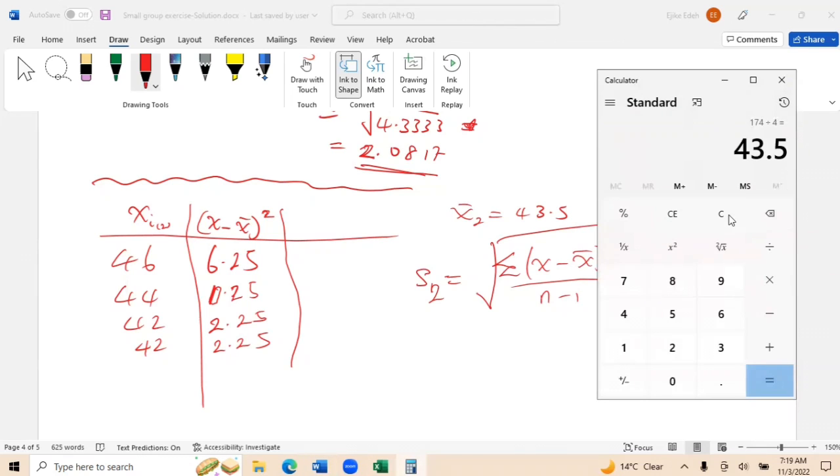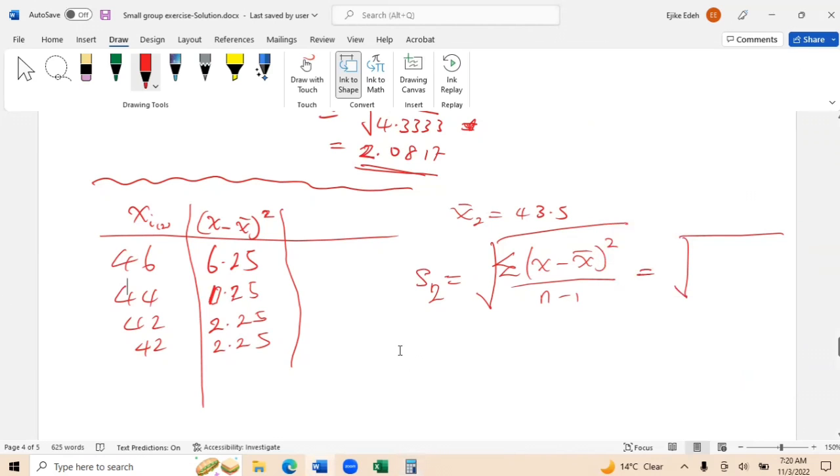So 6.25 plus 0.25 plus 2.25 plus 2.25 gives us 11. Let's do that again just to be sure. That gives us 11. So the numerator there is 11.